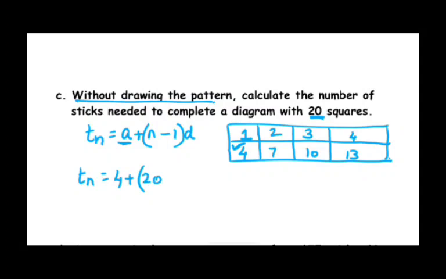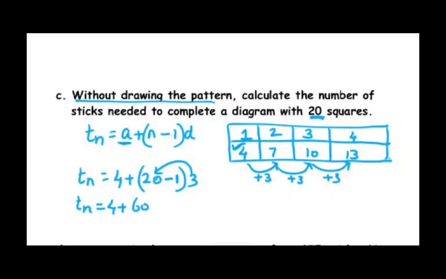So I'm going to write 20 for N. What is the difference? Each time I add 3. So my difference is 3. 3 into 20 gives me 60. 3 into minus 1 gives me minus 3.